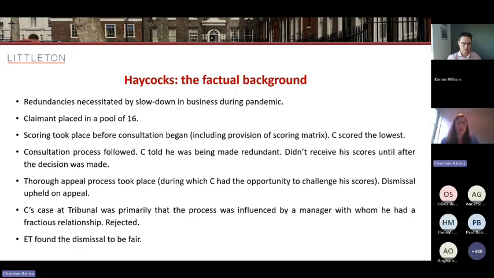So this case suggests that the employer ought to have consulted the employee on the pool, especially in a pool of one case.